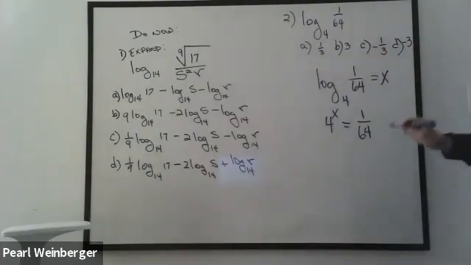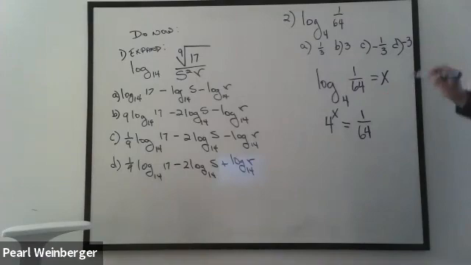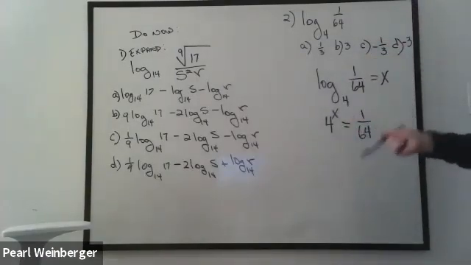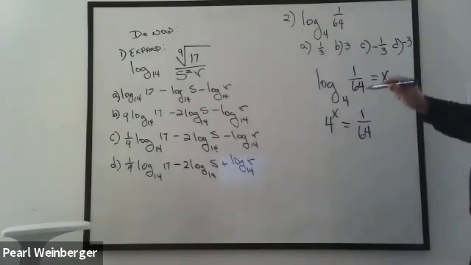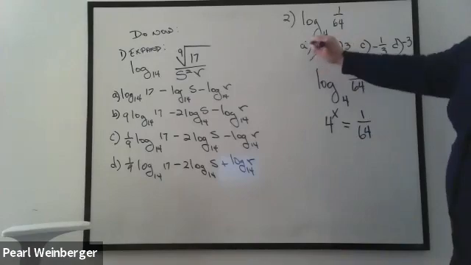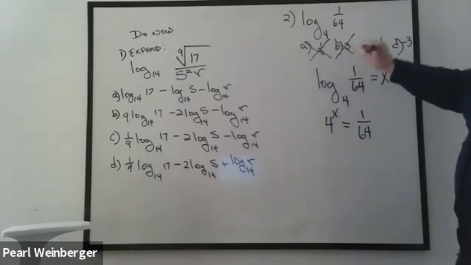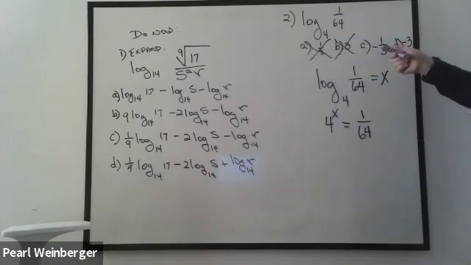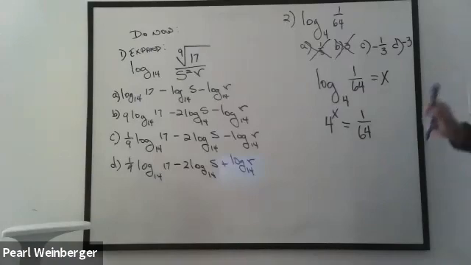I think you would notice right away, since it's 1 over something, the answer has to be a negative. The way you get a reciprocal, the way you get a fraction, is if your exponent is a negative. So therefore, this answer and this answer is obviously not true. So the question is, should the answer be -1/3 or -3?